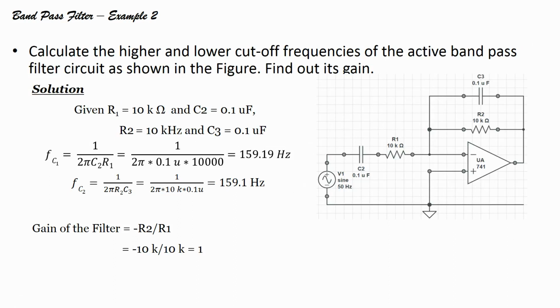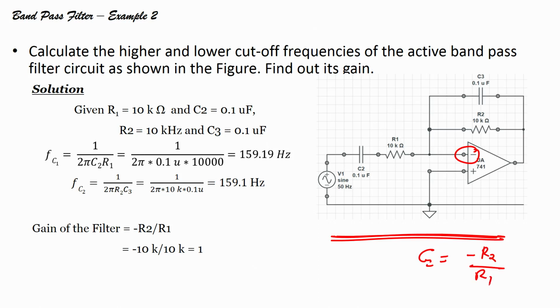Now, if you are given a circuit, again this is a band pass filter, and you are applying the signal to the inverting terminal. So, it is an inverting amplifier, we understood. The gain of an inverting amplifier we already know, minus R2 by R1.